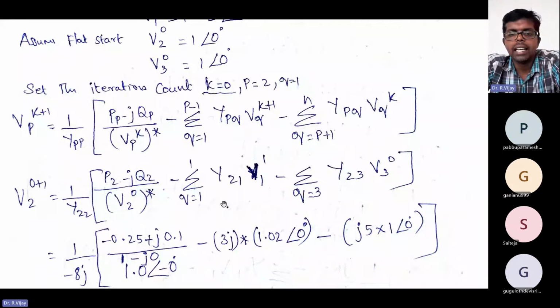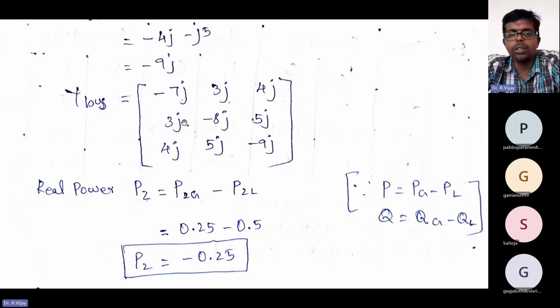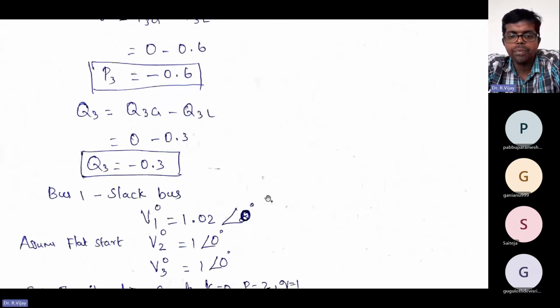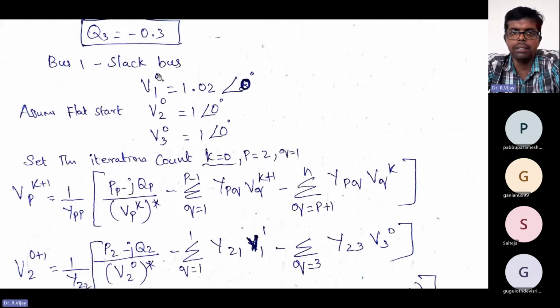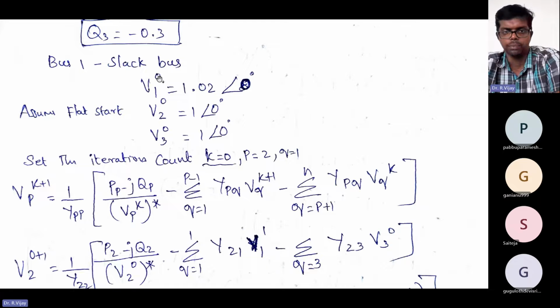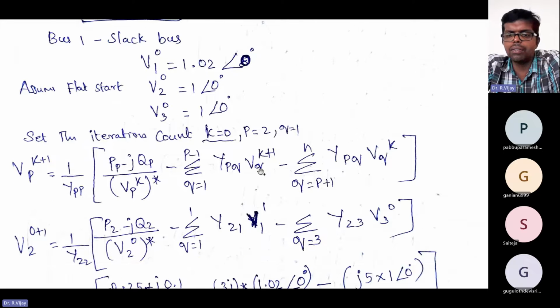Minus y21. What is y21? y21 is 3j, which you need to take into V1 dash. V1 dash is the initial value, so V1 dash is 1.02 at the angle of 0 degree.